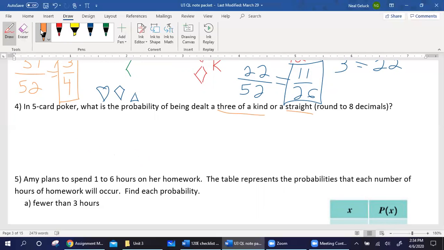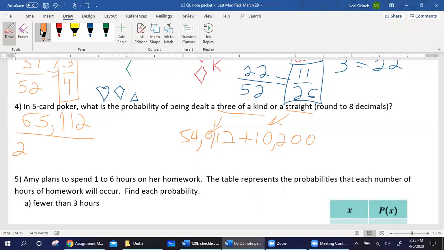If you go back in your note packet to the first section of this chapter 11, there were 54,912 ways to get a 3 of a kind. There were 10,200 ways to get a straight. If I add those up, that is 65,112 over the total possible poker hands, which is that 2,598,960 number.